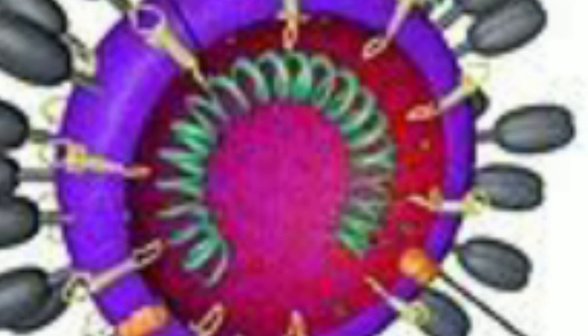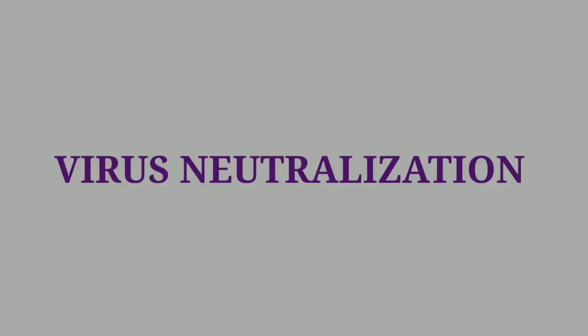So the S glycoprotein, with the help of which the virus attaches to our ACE2 receptors on the type 2 pneumocyte, is already occupied by the antibodies. So the virus is not able to attach to our cells, and it gets neutralized.